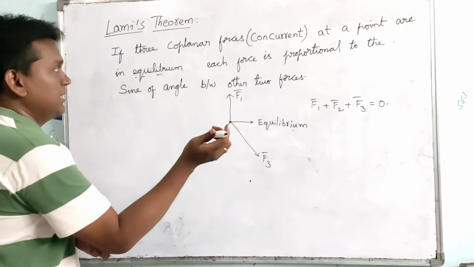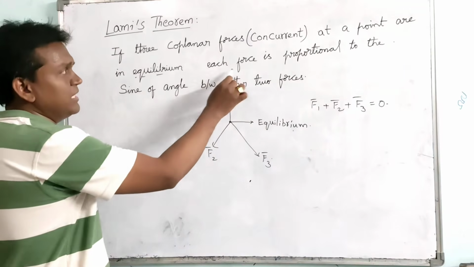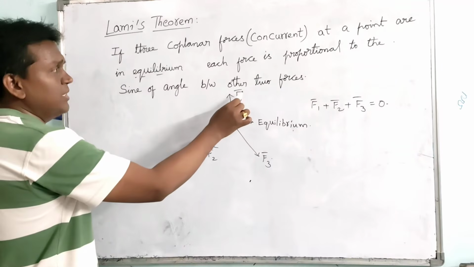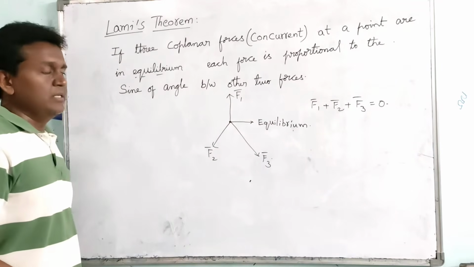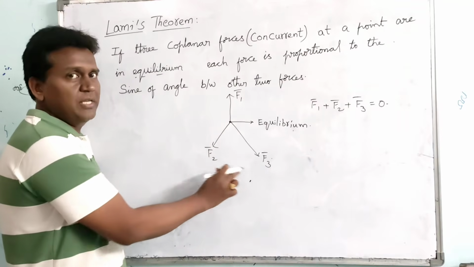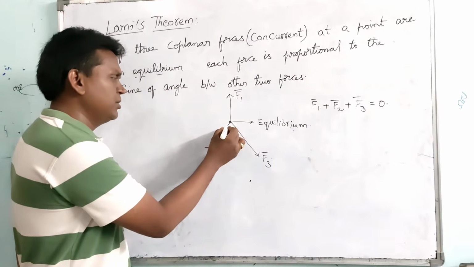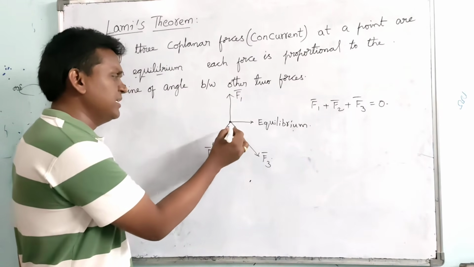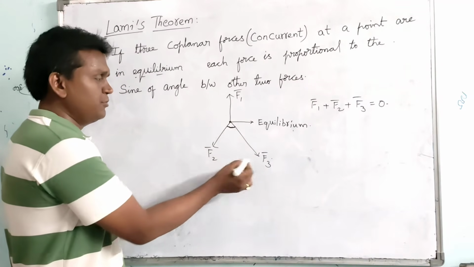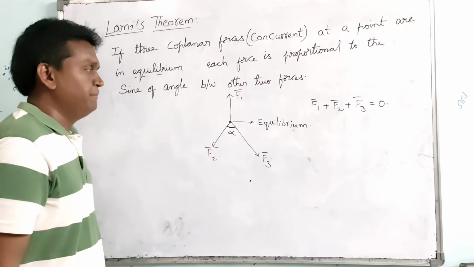Here we can see that each force is proportional to the sine of the angle between the other two forces. Now consider the force F1. What are the other two forces? F2 and F3. Let the angle between these two forces be alpha.